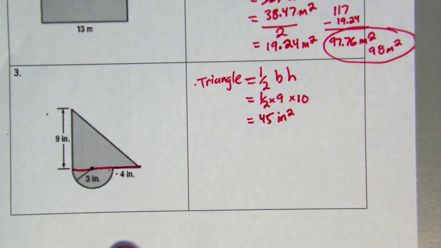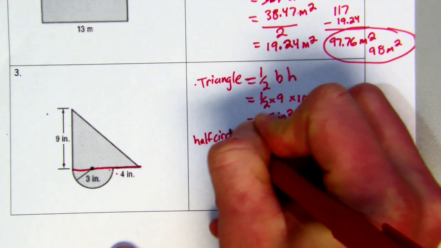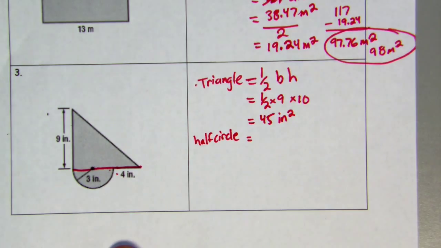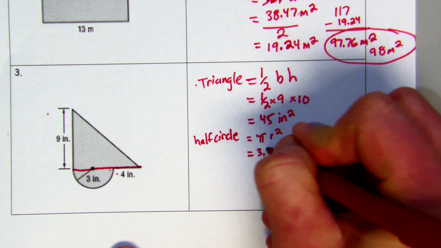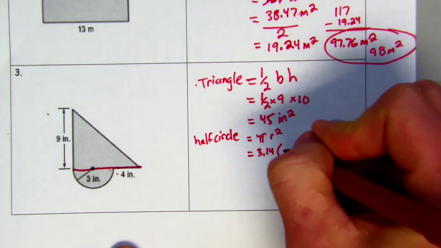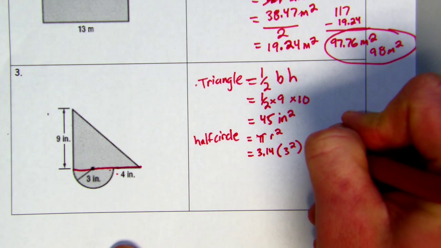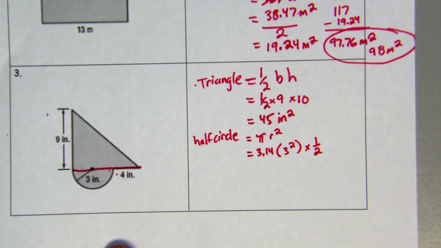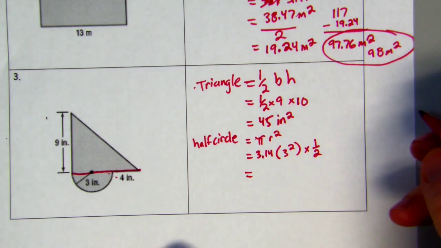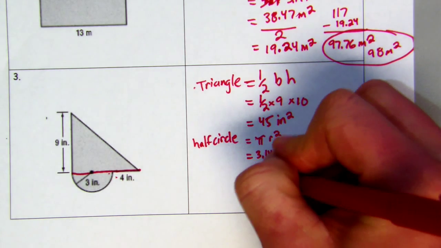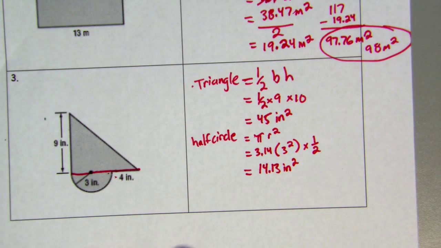That should give me an answer of 45 inches squared. Now I'm going to do my half circle. And again, that is pi r squared, 3.14. I know my radius is 3. And I'm going to put multiplied by half in there already, because again it's a half circle. Multiply those all together and I get 14.13 squared.